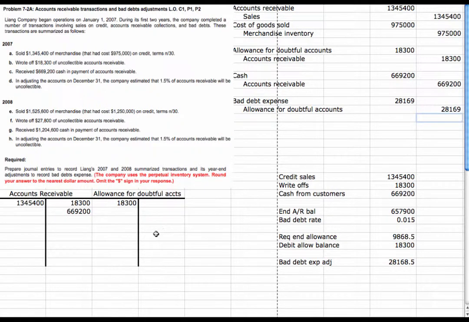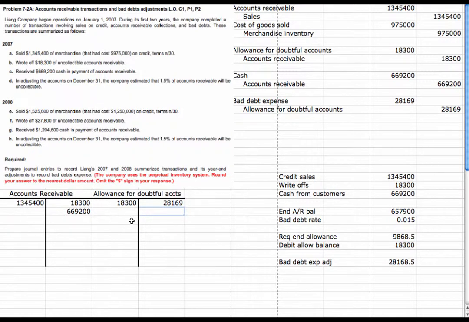Okay, so what we're doing here is a credit balance entry of 28,169 to reflect our increase, so that we can make sure that we have $9,869 over here in the allowance for doubtful accounts.